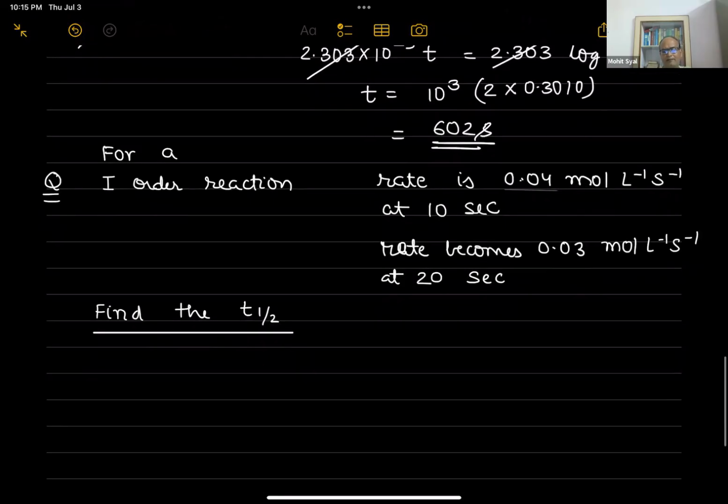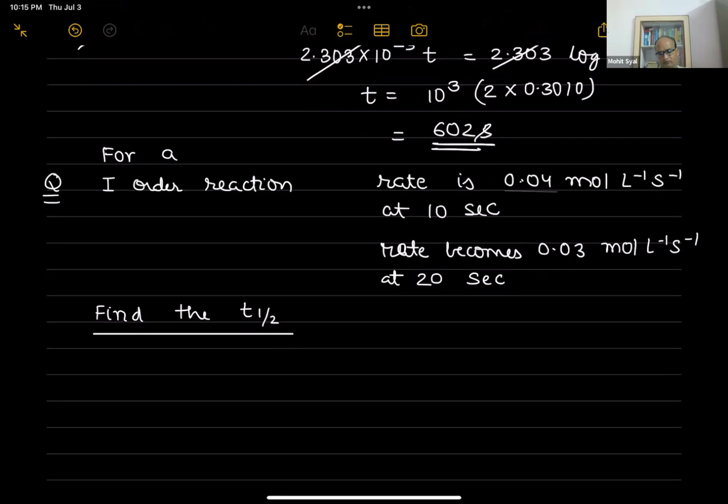So what should be the half-life period? After 10 seconds, the rate is given, and after 20 seconds, the rate is given.